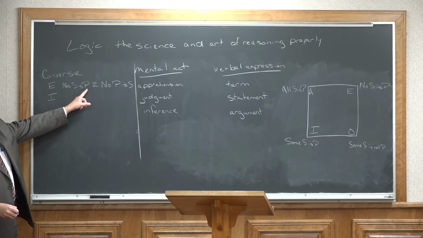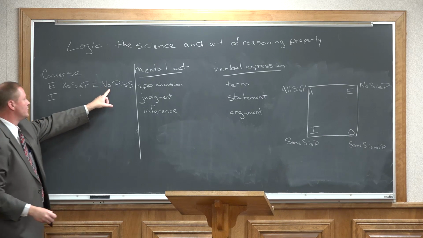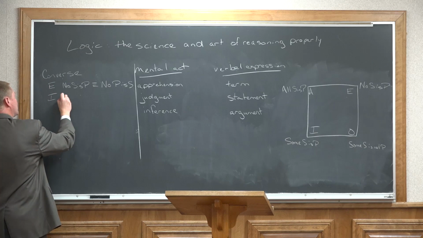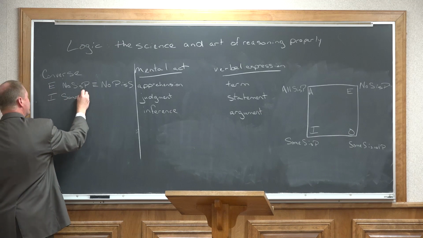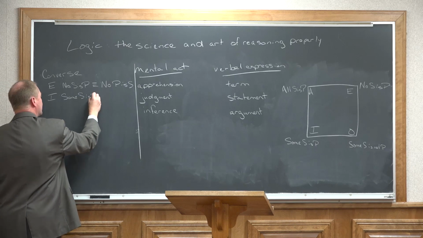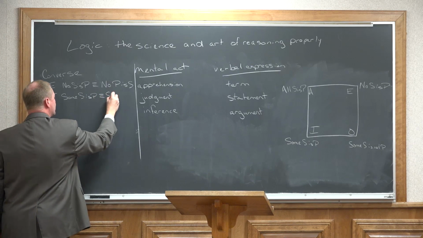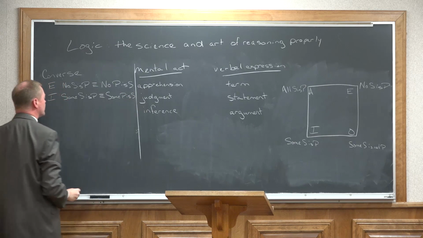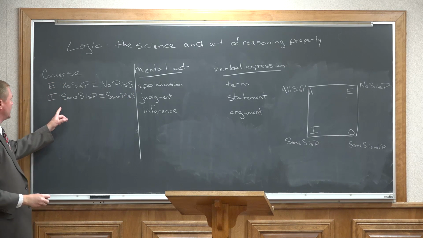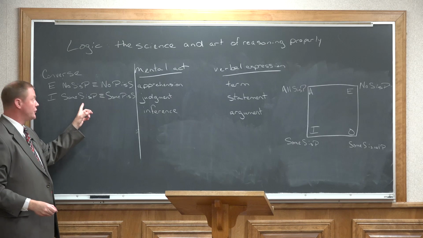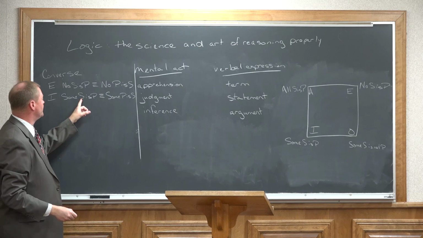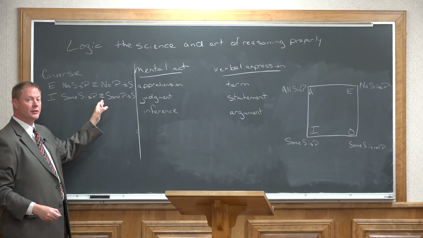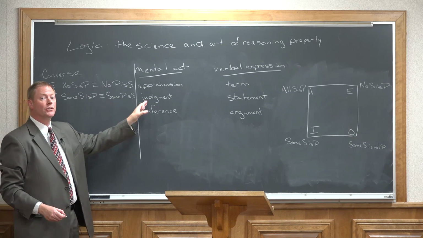No dogs are cats is logically equivalent to no cats are dogs. Then the I statement, some S is P, is logically equivalent to some P is S. So here we have some dogs are beagles is logically equivalent to some beagles are dogs.